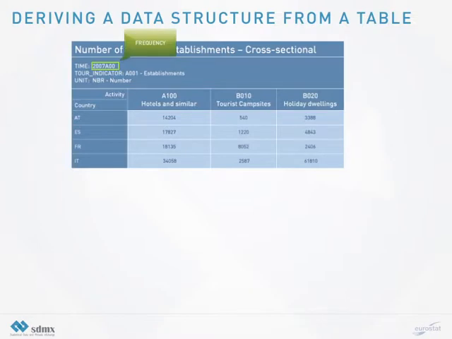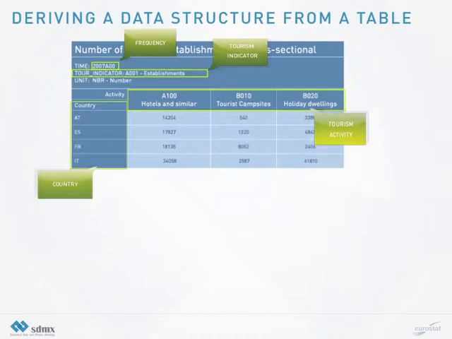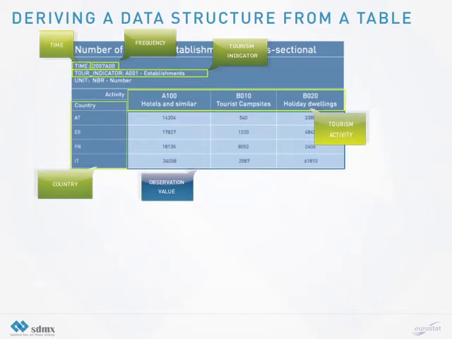We can identify the following statistical concepts: frequency, in this case annual, country, tourism indicator, tourism activity, time period, the observation value, which is the actual single figure, the observation status, defined by footnotes such as estimated or provisional, and the unit, identical for all the figures.